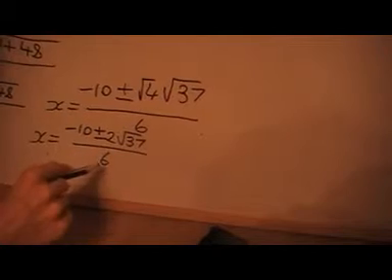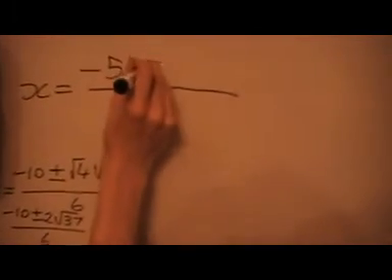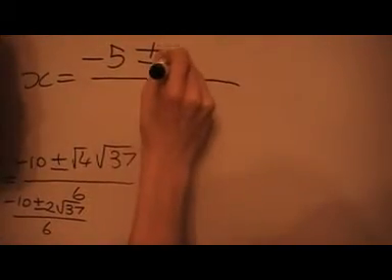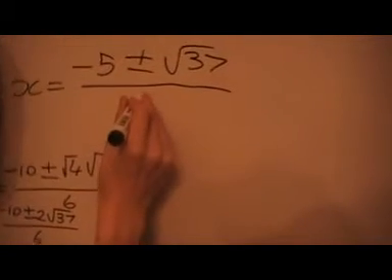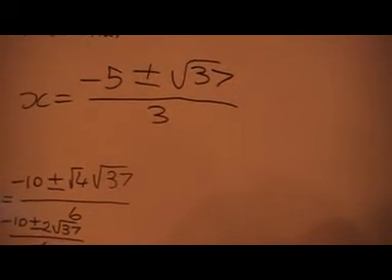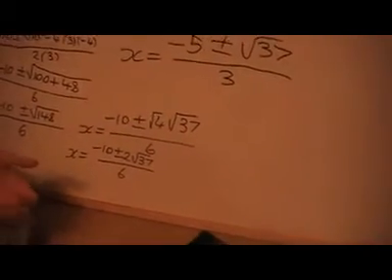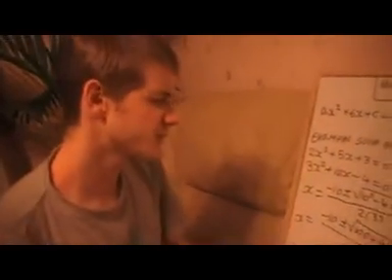So now I'm going to factor out the 2 and I'm going to get minus 5 plus or minus root 37 over 3. And that's going to be the solution. And in this case the discriminant was 37, and we know that the square root of 37 isn't a whole number, so that's irrational. So for this one the discriminant was irrational, and this is your solution.